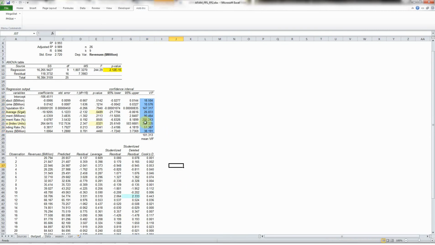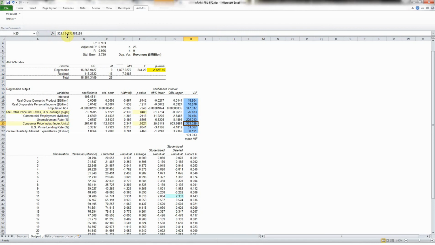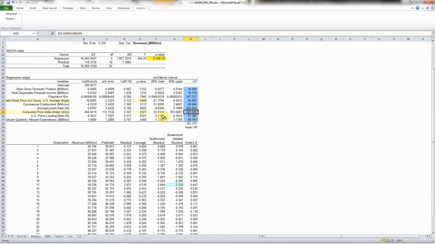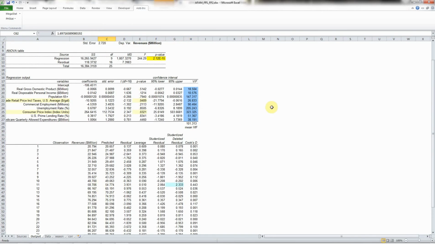Well, sure enough, as expected, we have some pretty darn high VIFs. We have this one over here at 323. And that's not unexpected because we had some very high correlations in the correlation matrix. I do notice the Durbin-Watson's 1.7, and we want to keep that above 1.3 if possible.